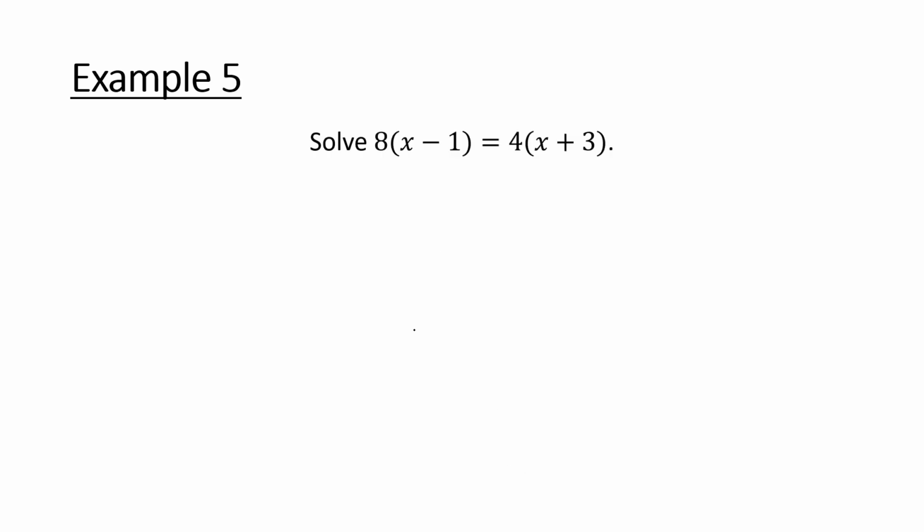Another example. First thing again, you have to expand your brackets. So 8 times x is 8x. 8 times minus 1 is minus 8. 4 times x is 4x, and 4 times positive 3 is positive 12. And then same thing, the smallest amount of x's is the 4x, so we're going to subtract 4x from both sides, leaving us with 4x, because 8x take away 4x is 4x, minus 8 is equal to positive 12.